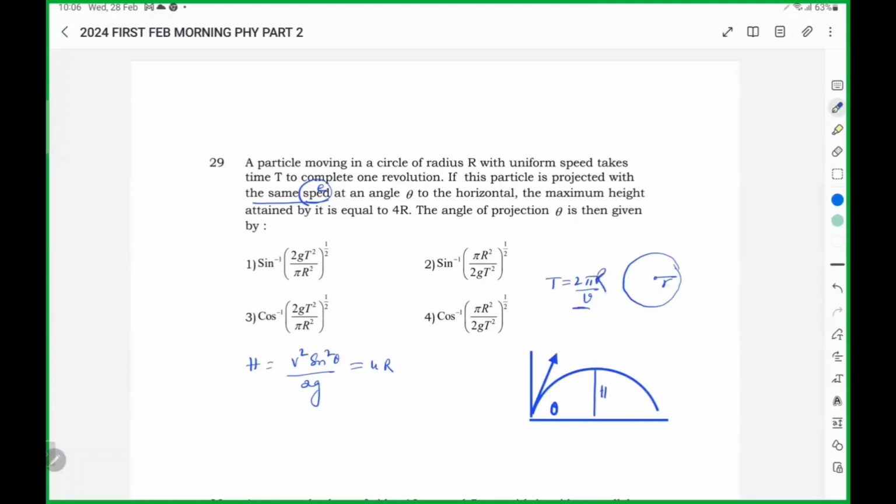What we have to find out is the angle of projection, given as gR by v square.